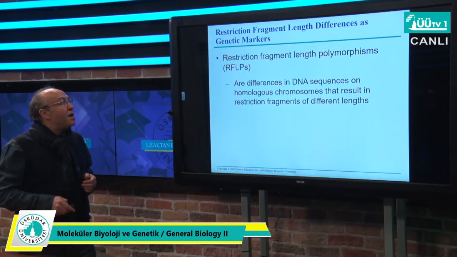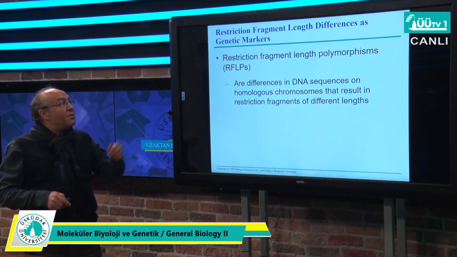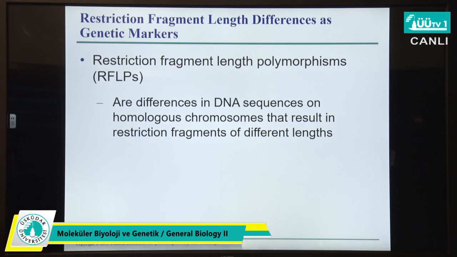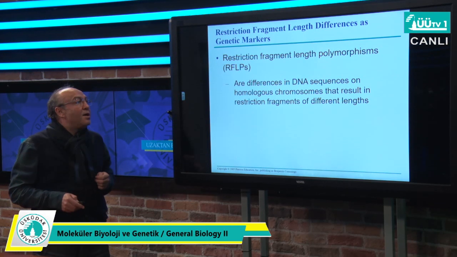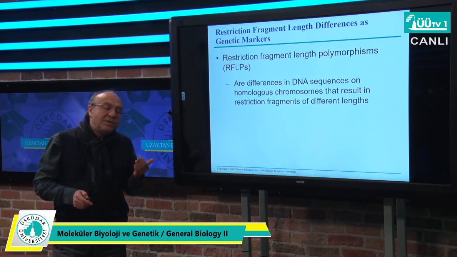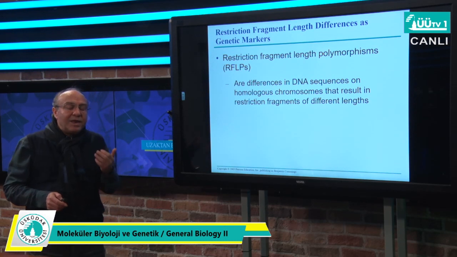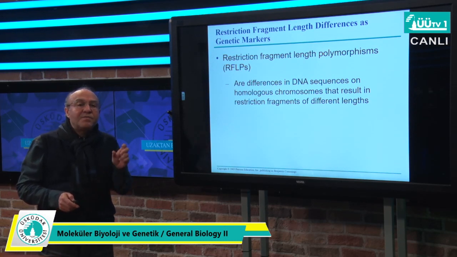I remember we talked about restriction fragment length polymorphism, or RFLPs, and we even use it in our lab in pharmacogenetic studies, because some people develop resistance to drugs. We look at some specific genes for polymorphisms.